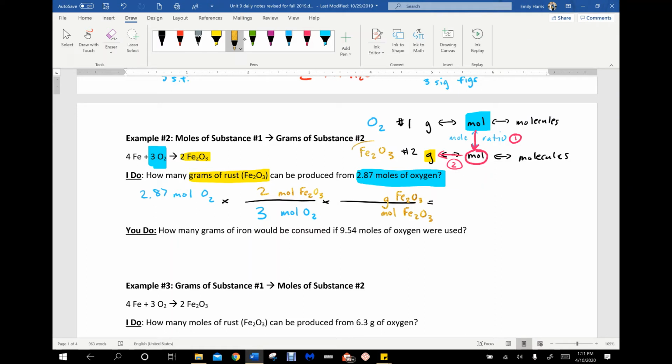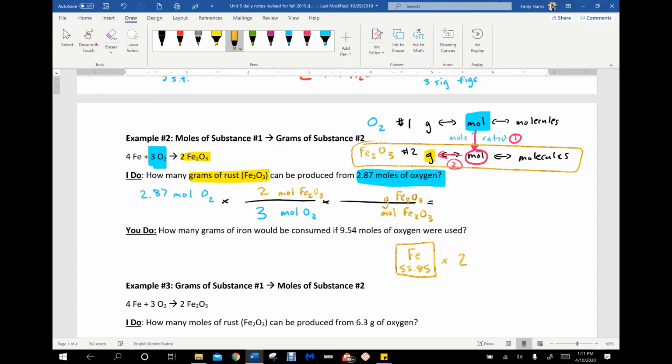And so now that I'm on this bottom line, I'm only going to be working with rust. I've kind of left oxygen behind now. So now what it's time for is I need the grams of Fe2O3, which would come from the elements on the periodic table. Now because this is a compound, I'll need to look at iron. It has a mass of 55.85.